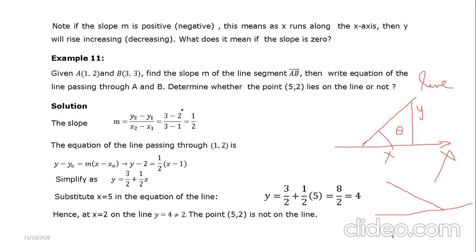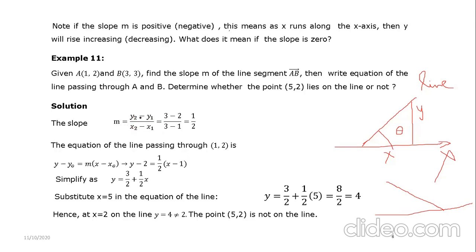For example, if A equals 1 and 2 and B equals 3 and 3, find the slope of the line segment AB. The slope is given by the difference of the y values divided by the difference of the x values. If you start with y2, you have to start with x2 here. If you start with y1, you have to start with x1.